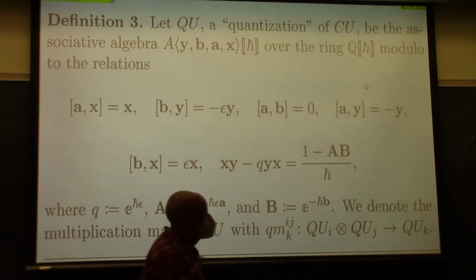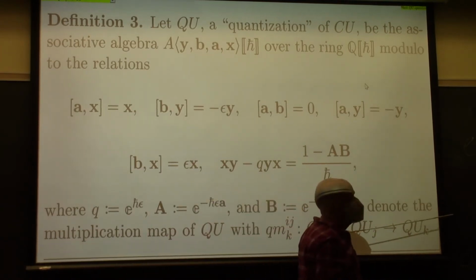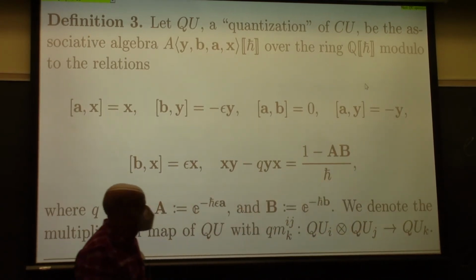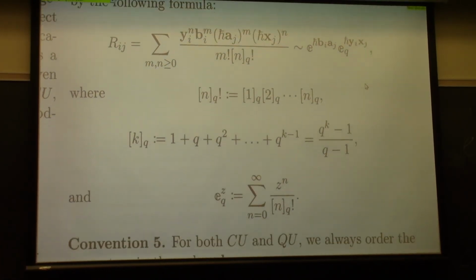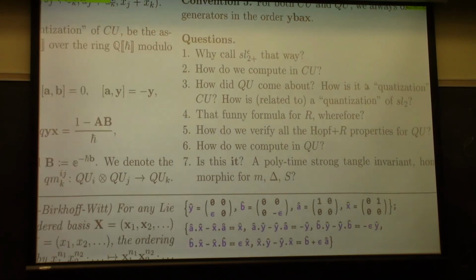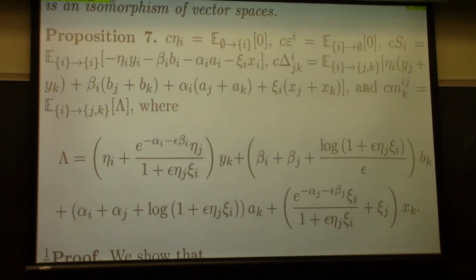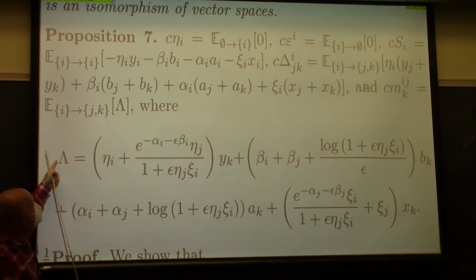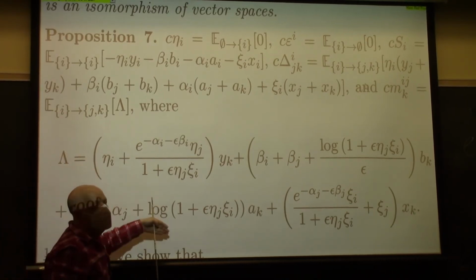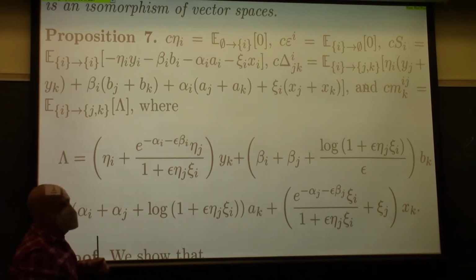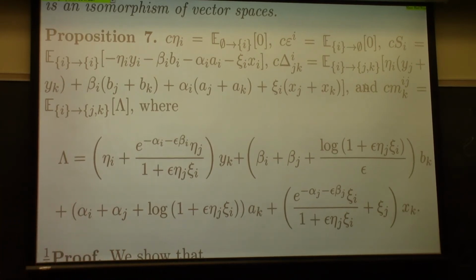So you do exactly the same for QU, and you get a formula for a new lambda. Maybe instead of lambda, call it Q lambda or lambda sub Q, and you get a very similar formula, and then you test it, because we know how to compose.